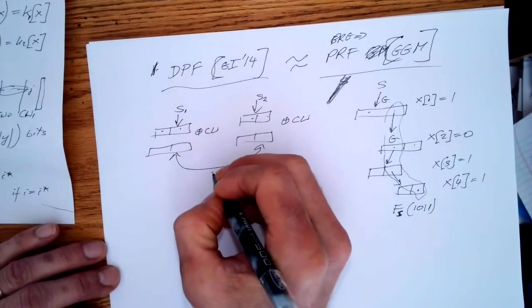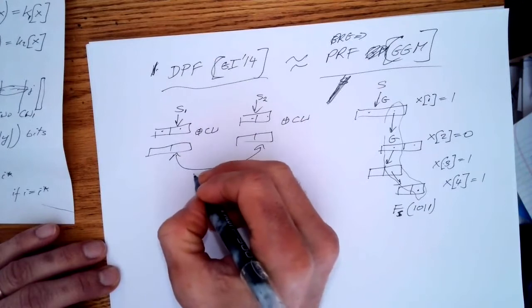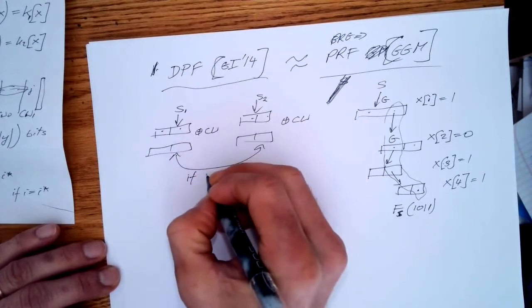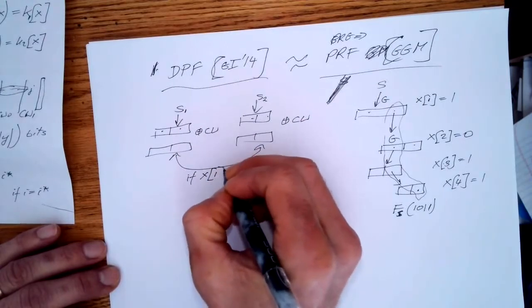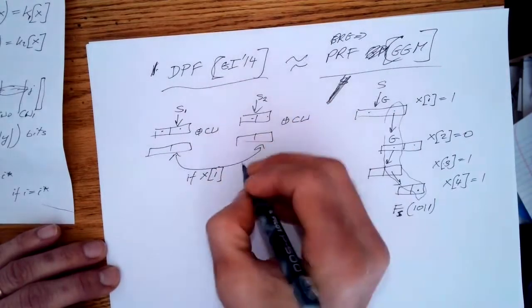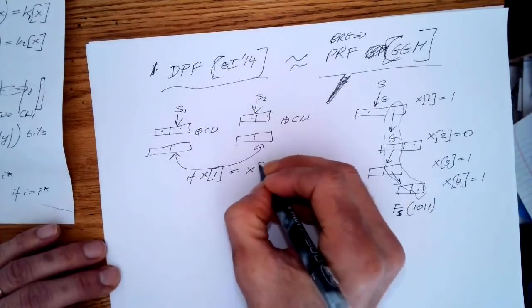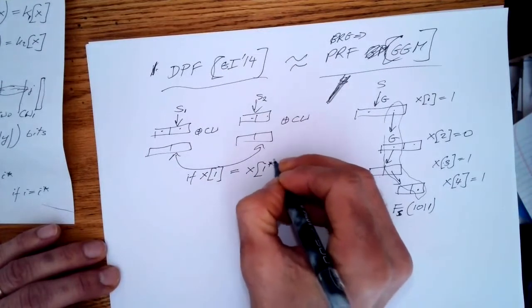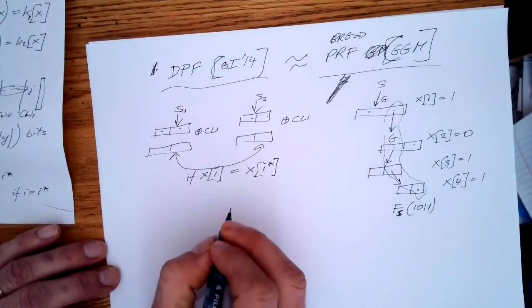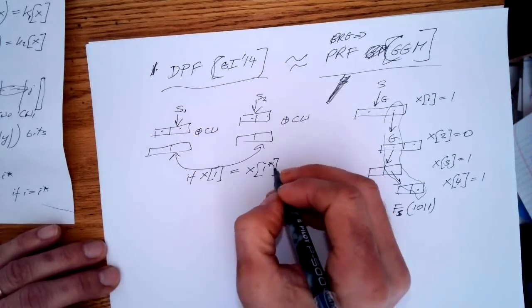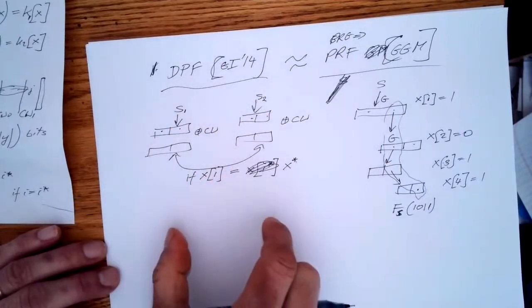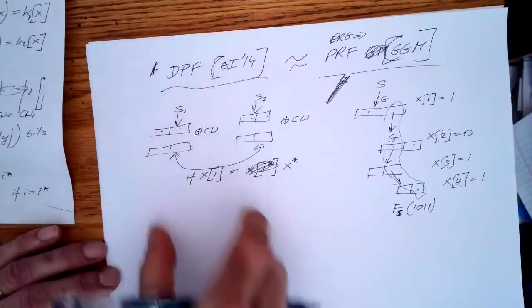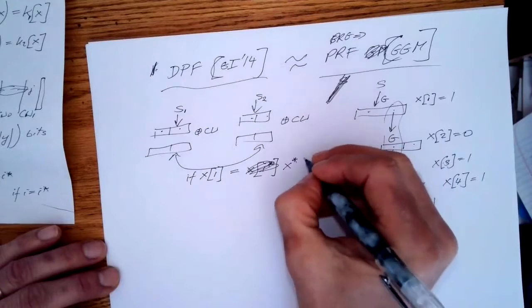But the correction has the property that if the first bit of X at which you evaluate is the same as the first bit of this hidden value X star. Sorry, there is a hidden argument X star on which the two PRFs are synchronized.